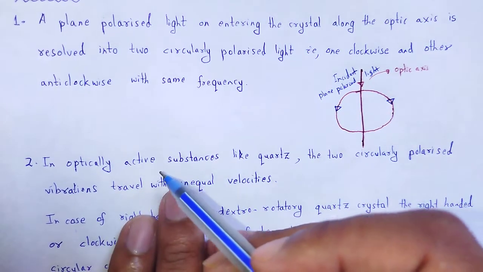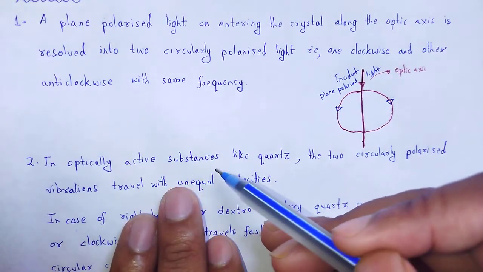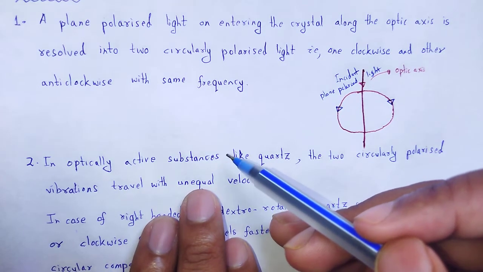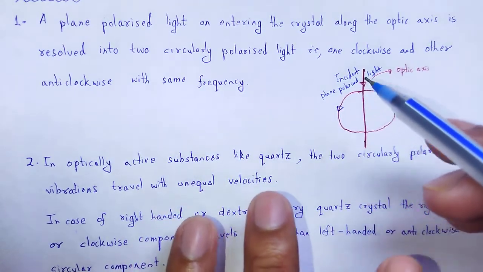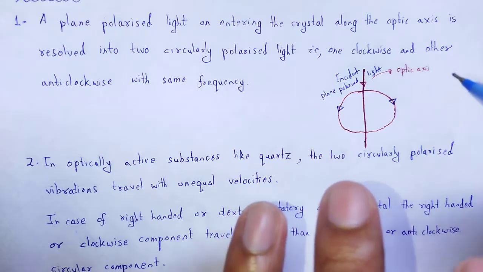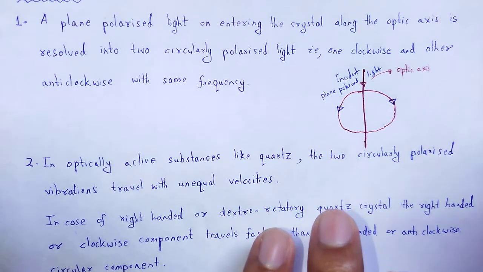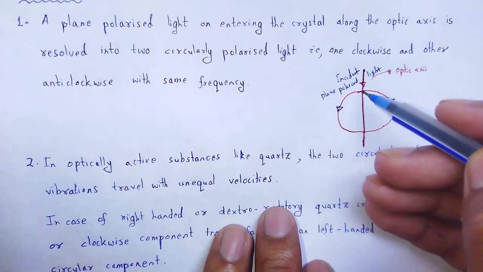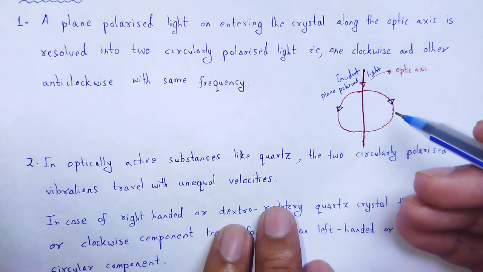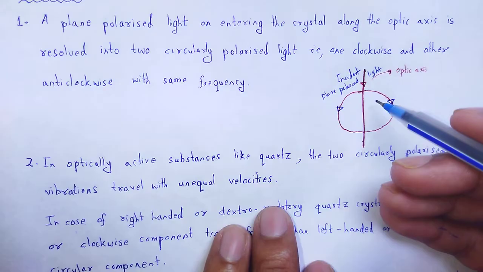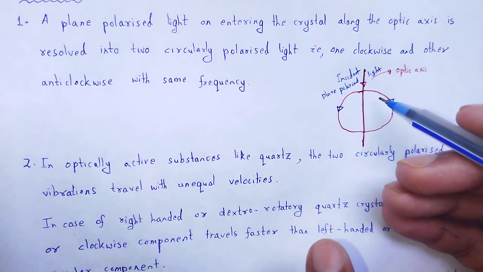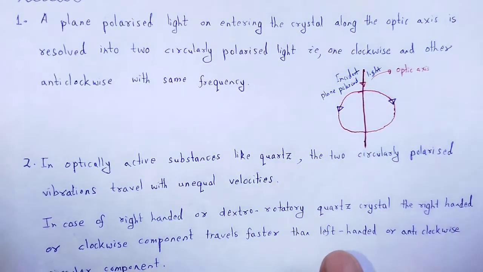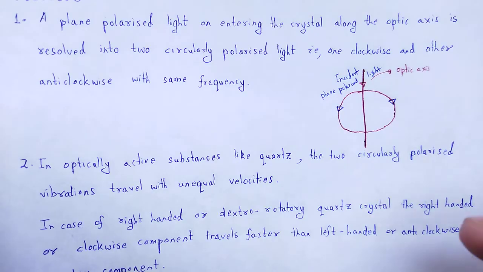As the optically active substances are divided into left-handed and right-handed, on that basis the two circularly polarized components have different velocities in such substances.